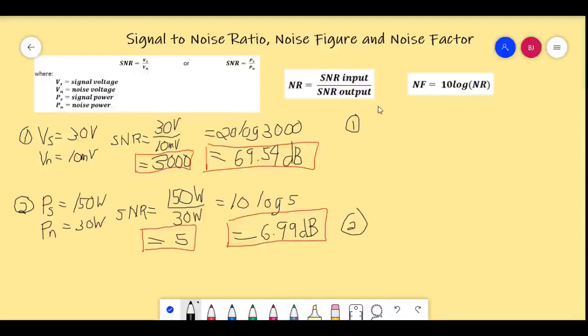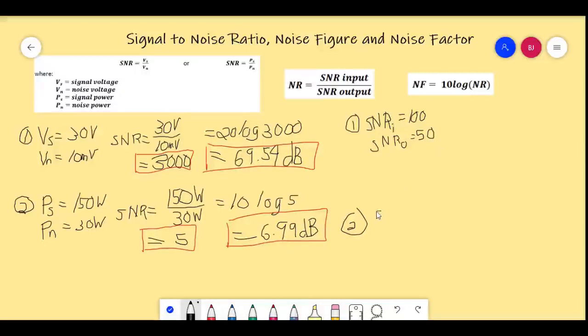For our first example, let's say we have a signal to noise ratio on the input of around 100 and a signal to noise ratio on the output of around 50.